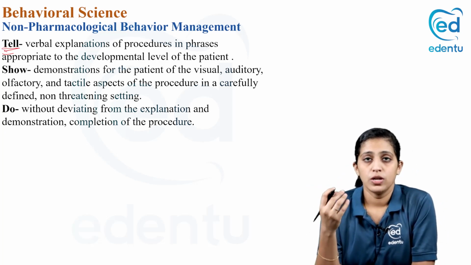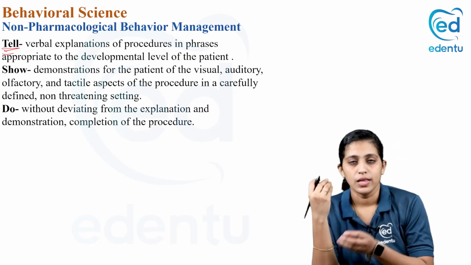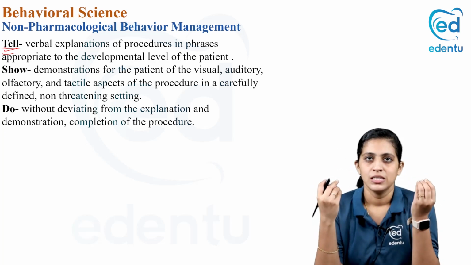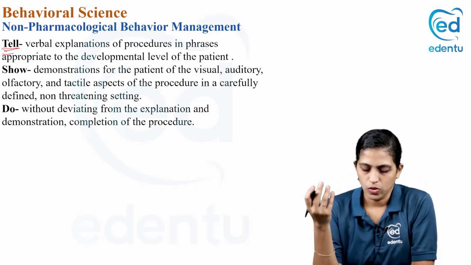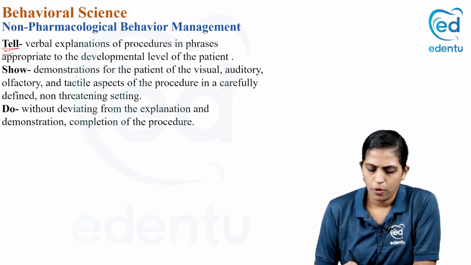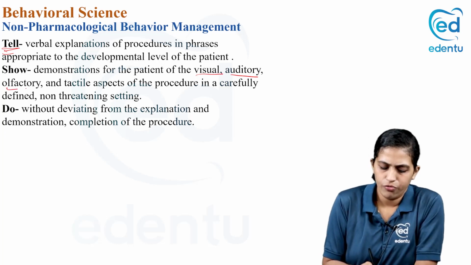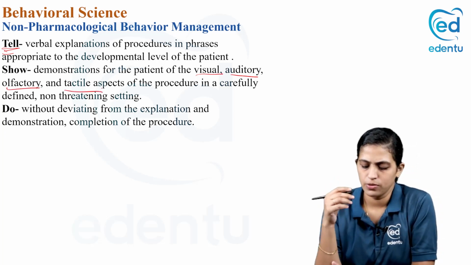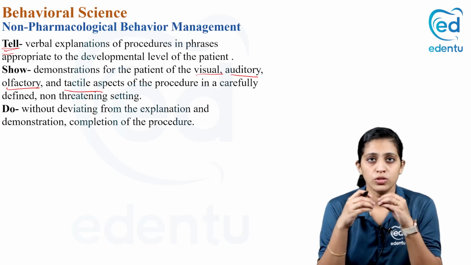Next is show. So we demonstrate to the child what we are going to do, in such a way that he or she hears, smells, feels, sees what is going to happen. So it is a demonstration for the patient of the visual, auditory, olfactory and tactile aspects of the procedure, and it is carried out in a very defined, non-threatening way.